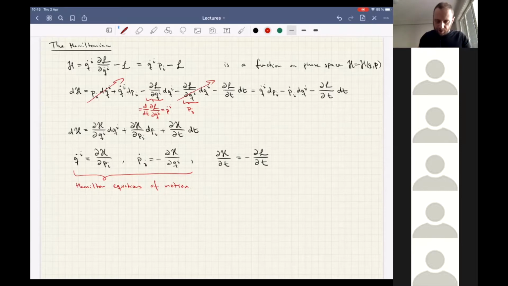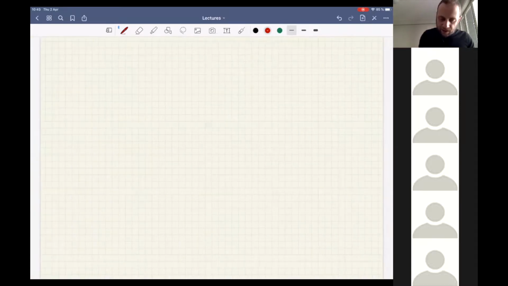So let's just take again the harmonic oscillator as an example. For the harmonic oscillator, our Lagrangian again was m/2 x dot squared minus kx squared divided by 2.